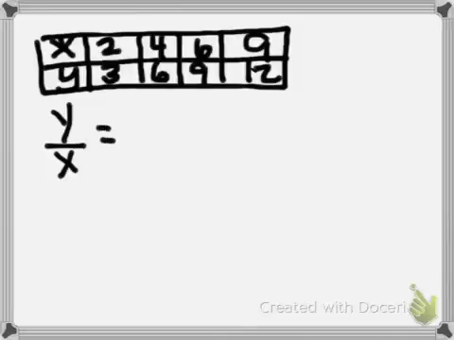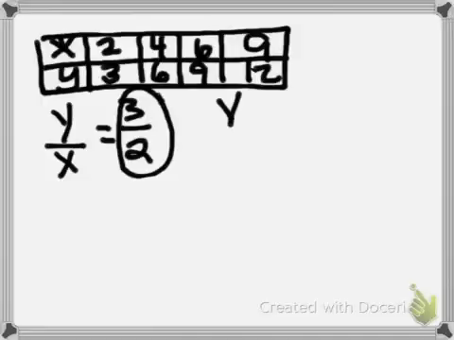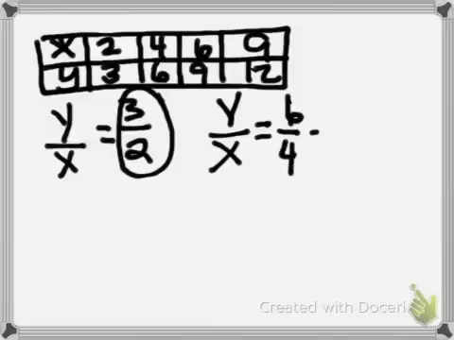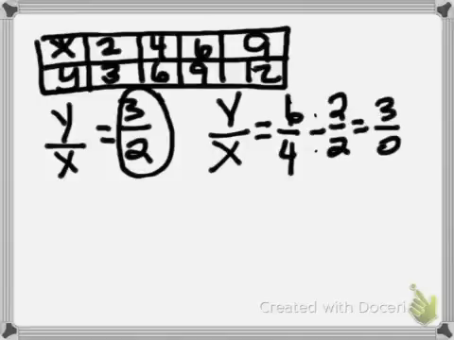So the first set, my Y is 3 and my X is 2. My next one is going to be 6 over 4. They share a common factor, which is 2, and I get 3 over 2.